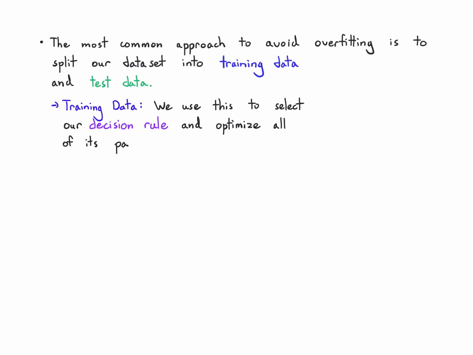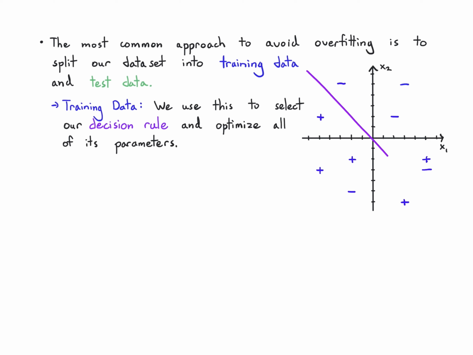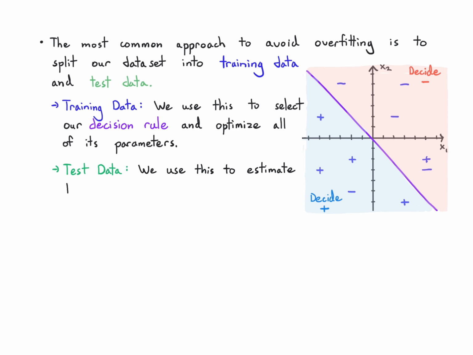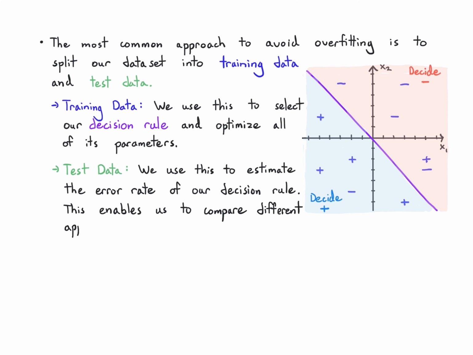So if I need to plug in means and variances, I'm going to use the training data to figure those out. That's my training data. I use that to come up with my rule. Test data is used to estimate the error rate of our decision rule. So now that I have my decision rule, I can just evaluate its performance. This lets us compare different approaches, but we're not allowed to use it to optimize the parameters.